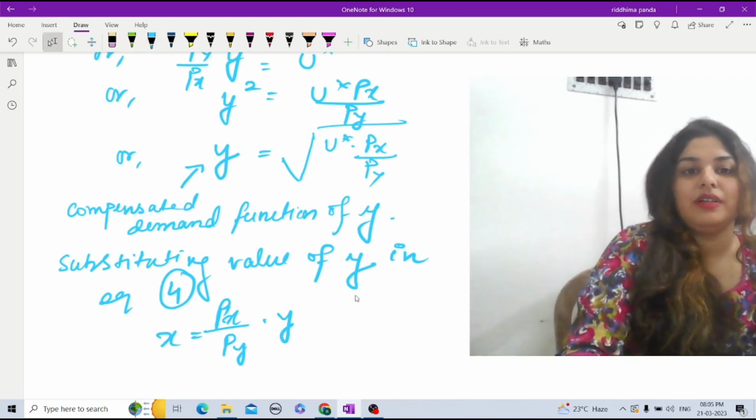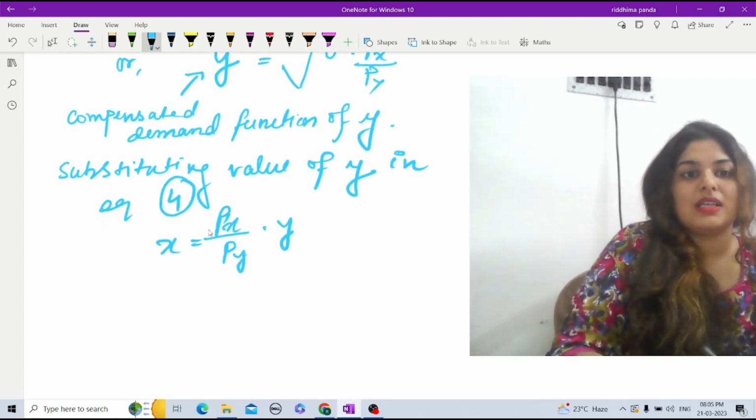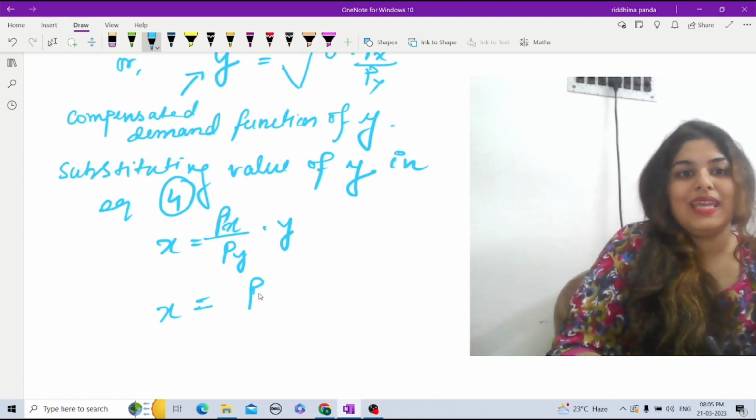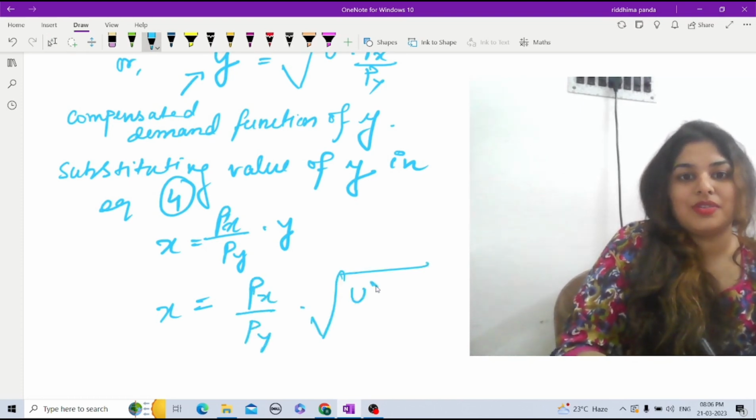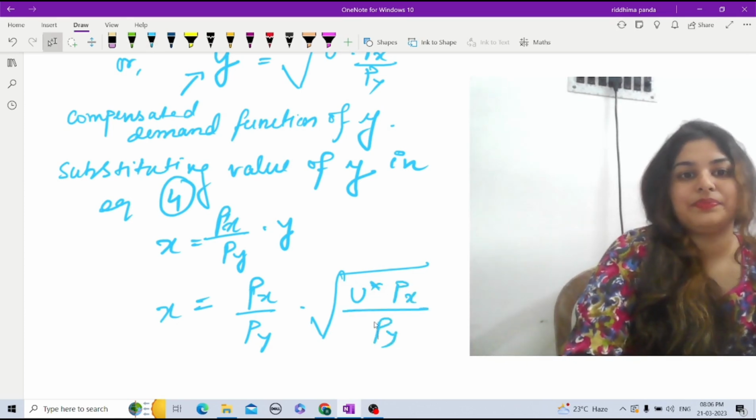And let's put the value here. That is, we get x is equal to py by px into root over u star px by py.